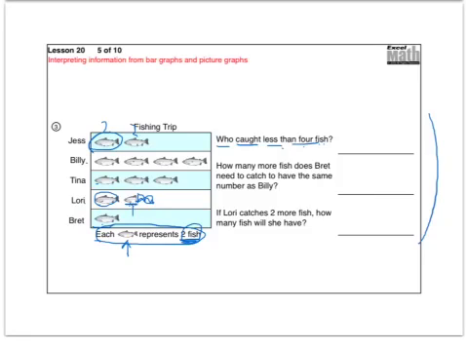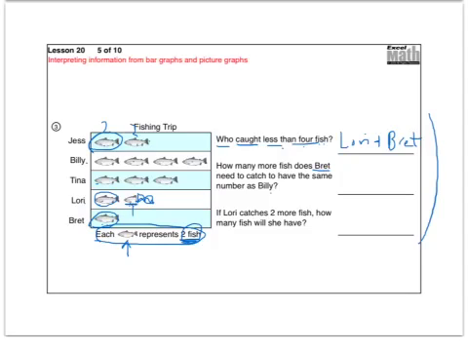And Brett also is less than 4 fish with the 2 fish right there. So we just have 2 people that caught less than 4 fish, and that would be Lori and Brett as your answers. And you have to put both of their names there to get this one right. If you put Jess, you got it wrong. Go ahead and erase Jess's name. How many more fish does Brett need to catch to have the same number as Billy?